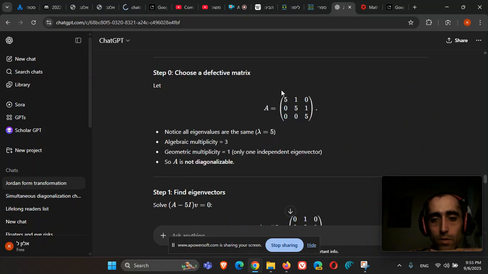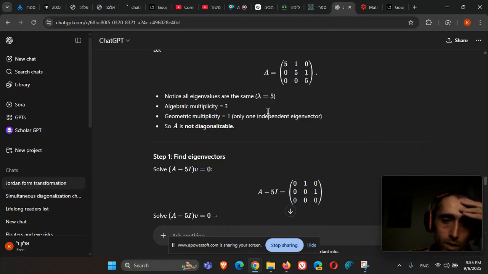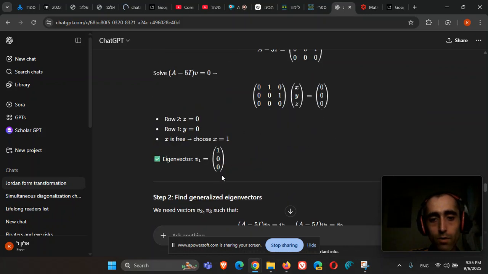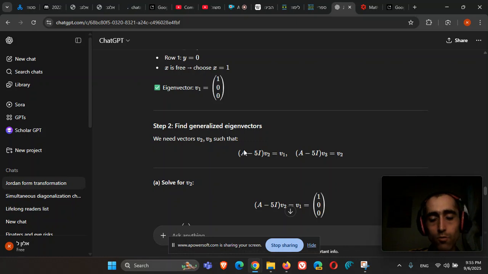Let's do another example. You can see that all eigenvalues are 3. This is a 5 by 5 upper triangular matrix, so the eigenvalues are on the diagonal. Looking at the algebraic and geometric multiplicity, you can see it's not diagonalizable. I find the eigenvectors, and I find just one of them. Now let's do the chain.